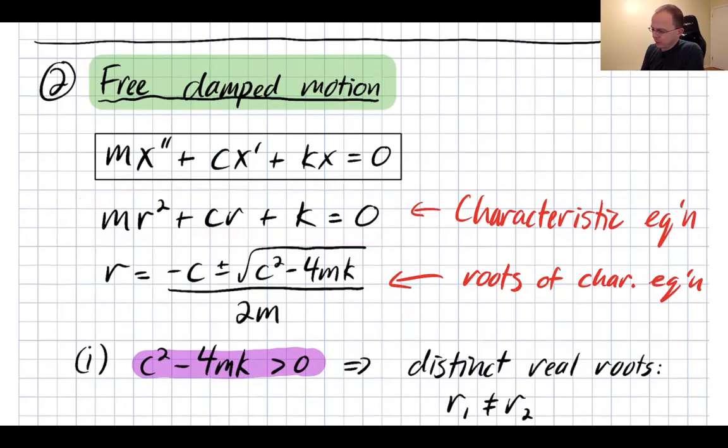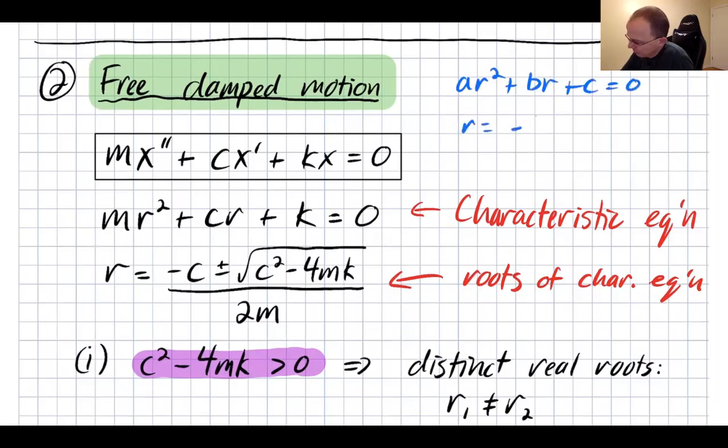If we write down the roots using the quadratic formula, then just to recall, normally you would have a r squared plus b r plus c equals 0.